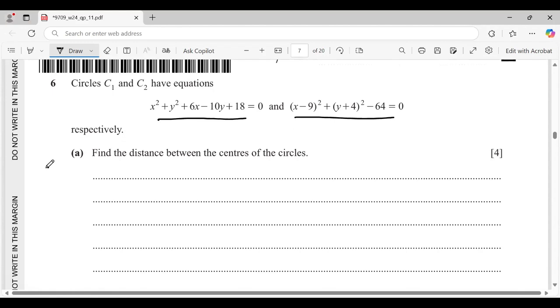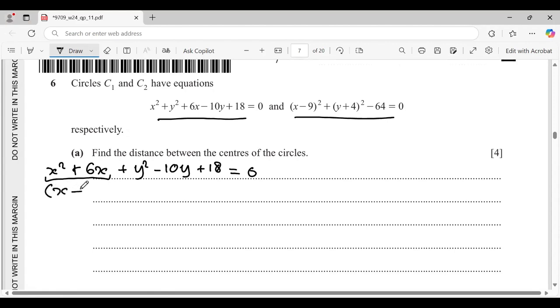I would like to change it so it becomes x squared plus 6x plus y squared minus 10y plus 18 equals 0. For this term, I would like to write (x plus 3) squared, and then minus 9 because of 3 squared.